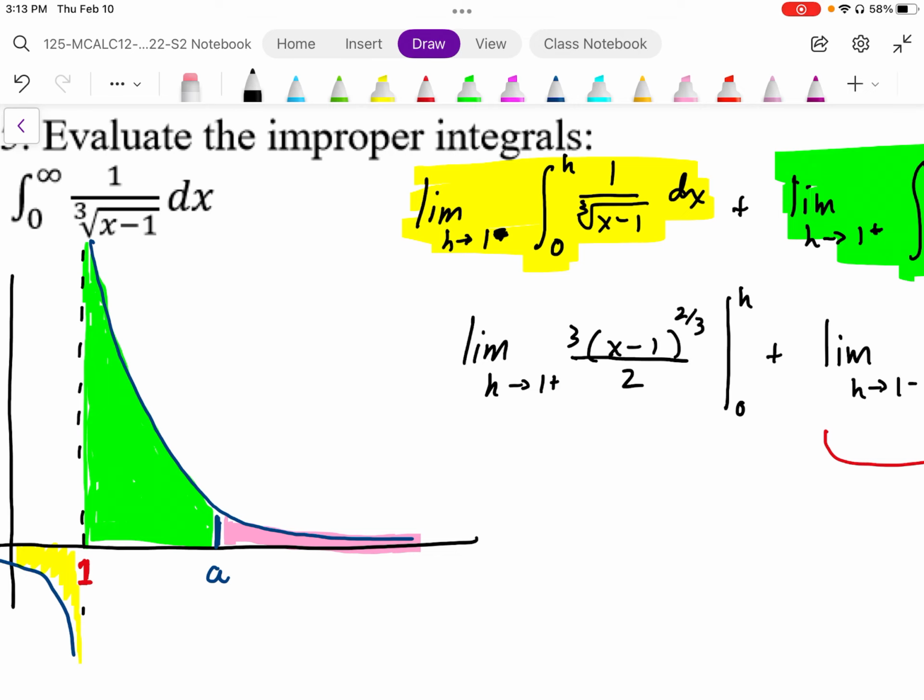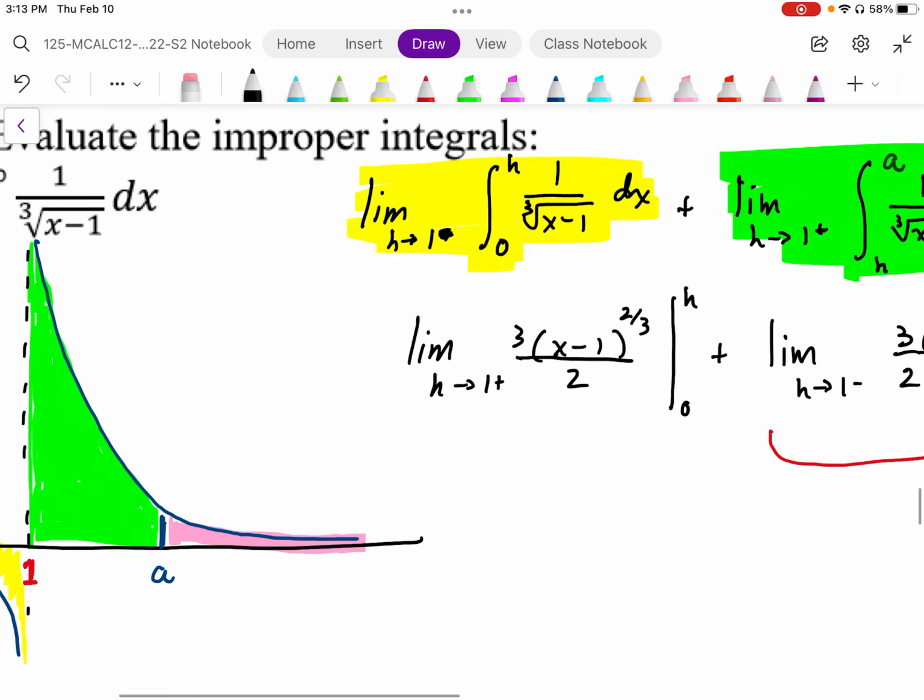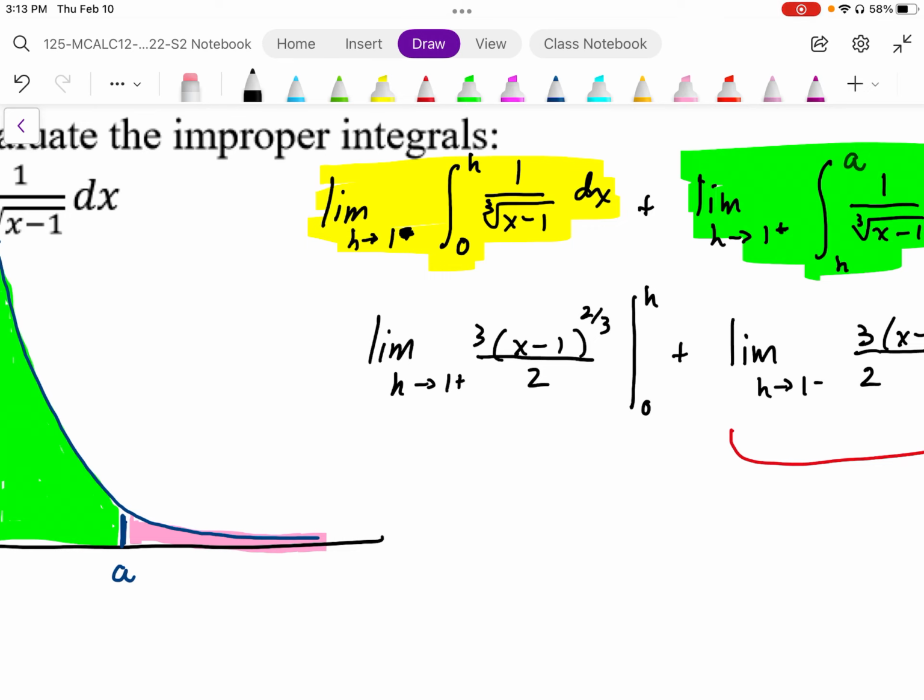This is going to give me the yellow area. So I anti-differentiate this function. This is x minus 1 to the power negative 1/3. So we increase the power by 1 to get 2/3, and then divide by 2/3, which gives me 3/2. And then I still am using a limit because I can't actually use 1.